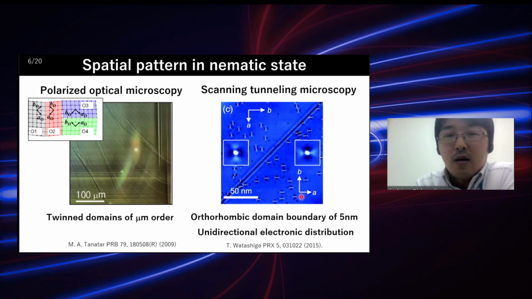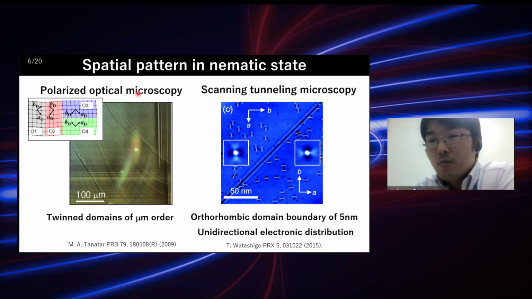The previous polarized optical microscopy reported twin domains of micrometer order. As you can see, there are vertical and horizontal lines, and these lines are interpreted by this picture. Here are four kinds of orthorhombic lattice domains, and this domain structure can also be detected by STM.